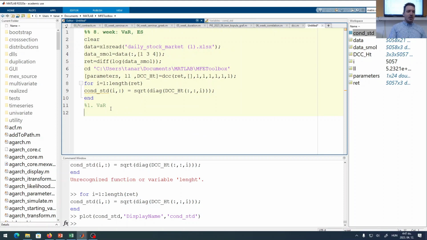So now we can have the VaR. Okay, so for each day, VaR, let's say positive and negative values. Let's define them. Different levels, and let's define the p-value 0.01, so 1%.